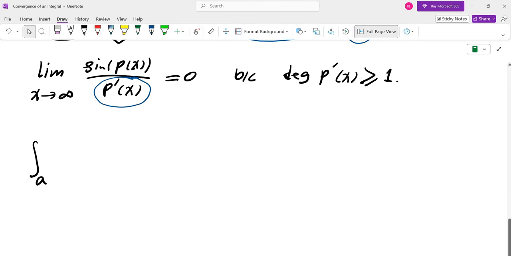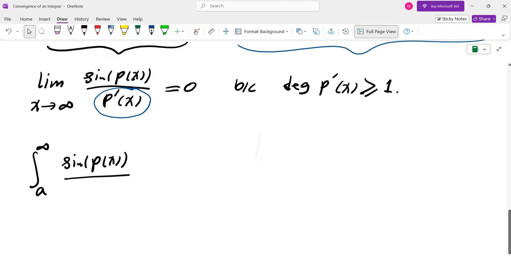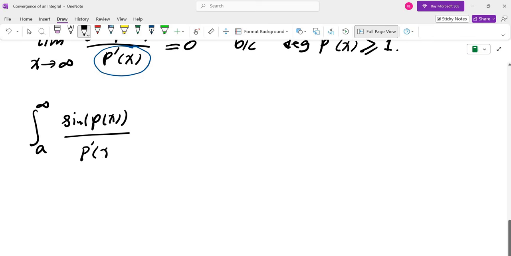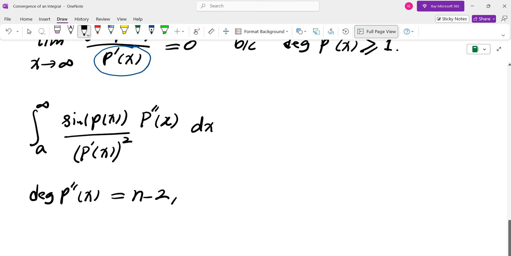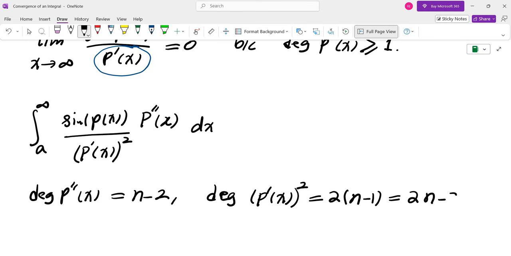So the integral from a to infinity of sine of p of x, and then divided by, we had p prime of x squared times p double prime of x dx. Now let's look at the degrees of this polynomial. The degree of p double prime of x is n minus 2. The degree of p prime of x squared is 2 times n minus 1, which is 2n minus 2.